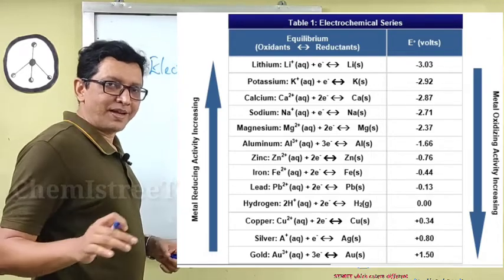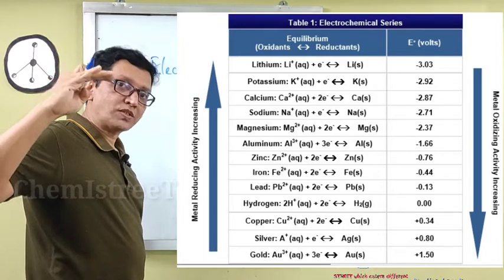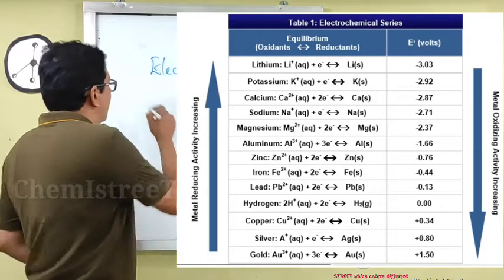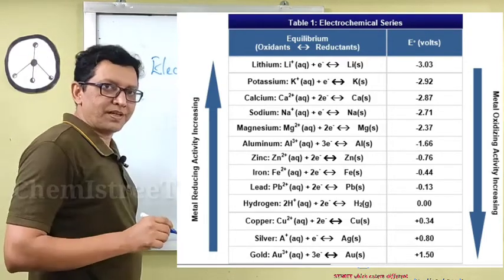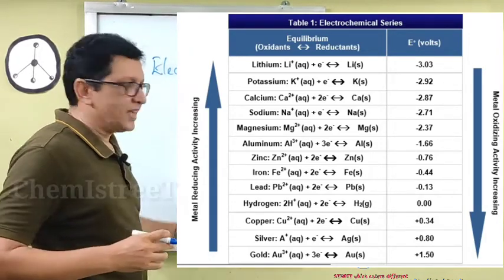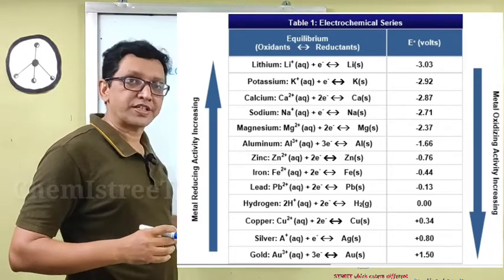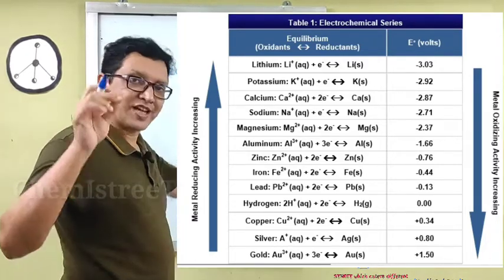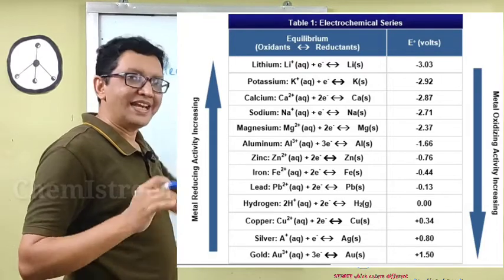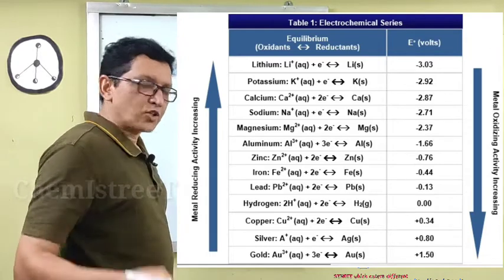A table can be made in which, at the top, the element having the lowest reduction potential is placed. Generally lithium will be coming at the top. And the arrangement goes like this way. All those elements which have low reduction potential, or which are acting as the anode, will have a negative value for their electrode potential.